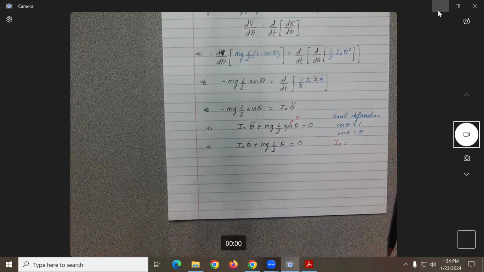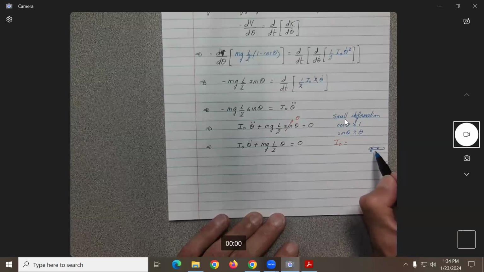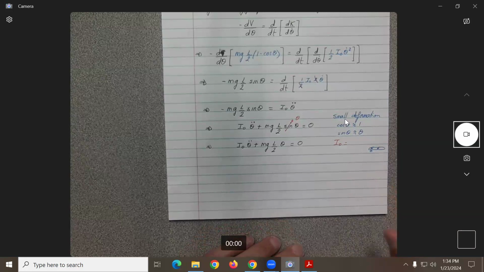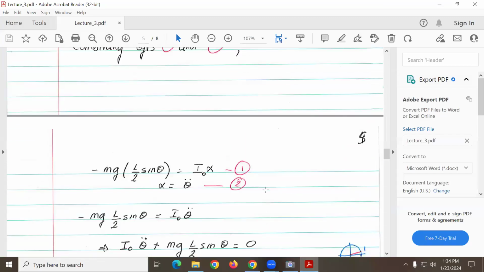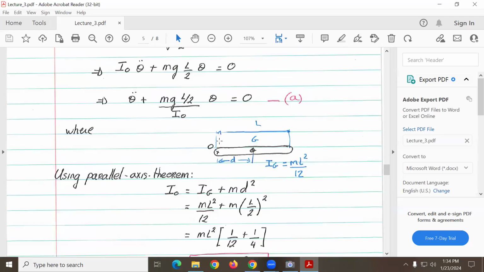What is I sub naught? Look at your notes. It is the moment of inertia about which point? About one of the ends of the bar, no? Okay. So if you remember, last time we did calculate it. We use the parallel axis theorem. We move the moment of inertia from the middle of the bar, which is mL squared over 12, to this point using the parallel axis theorem.